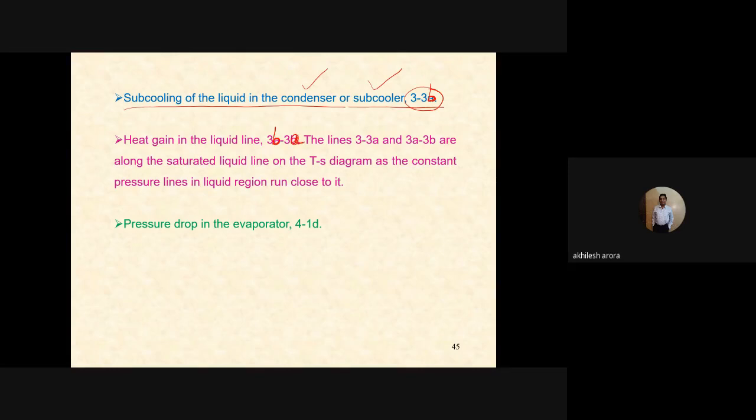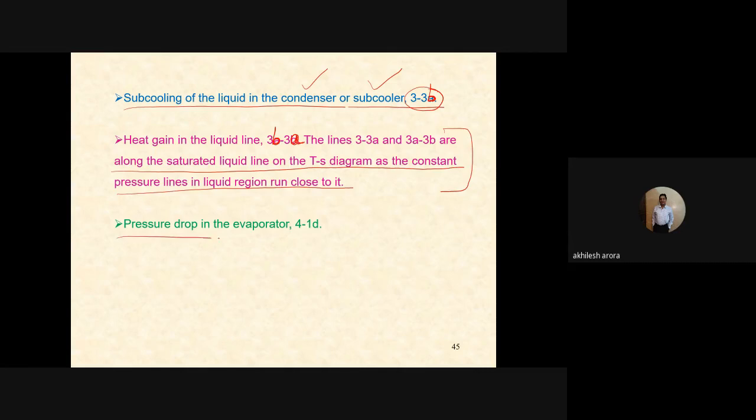Heat gain in the liquid line is from 3B to 3A. The lines 3 to 3B and 3B to 3A are along the saturated liquid line on the TS diagram, and the constant pressure lines in the liquid region run close to it. So this relates to the TS diagram, though I am explaining it on the basis of the pH diagram.